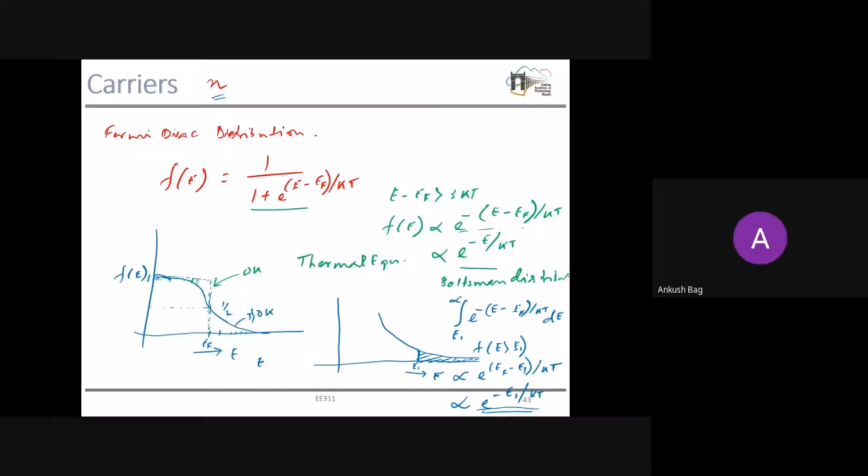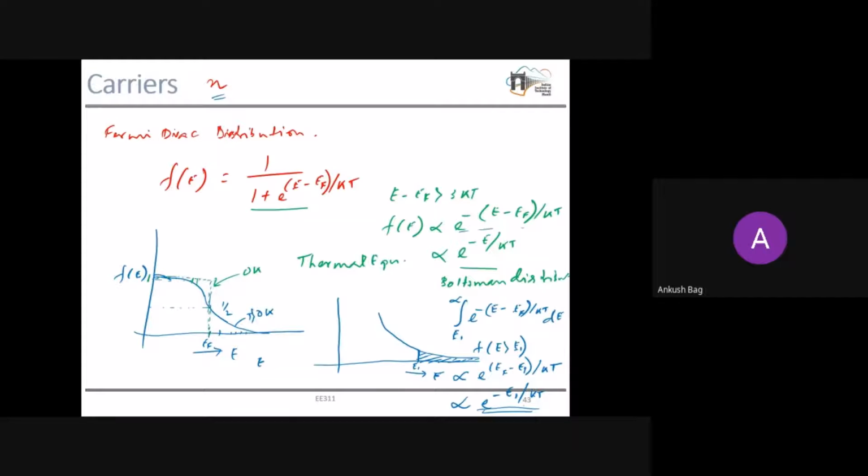So that is why this simplification and this exponential dependence of your carriers, or Fermi function, on energy is important to understand. You should be able to visualize how all these dependences come about, because as I mentioned initially, our objective is to understand and quantify the device terminal characteristics, that means nothing but the current voltage relationship.